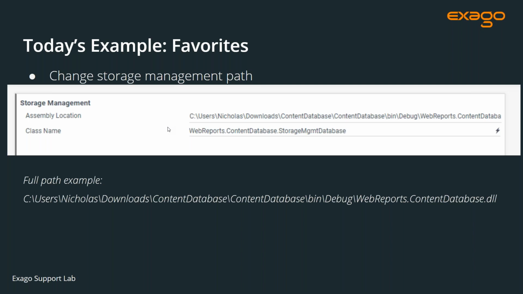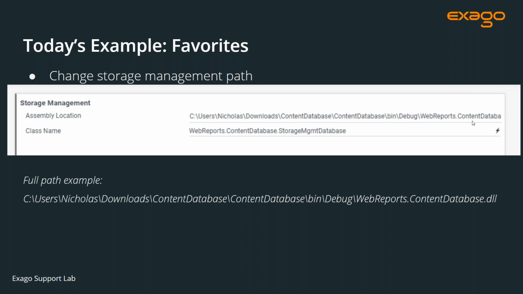We'll rebuild that project and produce a new DLL with the compiled custom storage management assembly. Once that's completed, we need to tell Exago to look at the custom storage management assembly as opposed to the one residing in the bin directory that has not been customized. So to that end, you'll see here that I've updated my assembly location to point to the new storage management code base that currently just lives in my downloads folder.